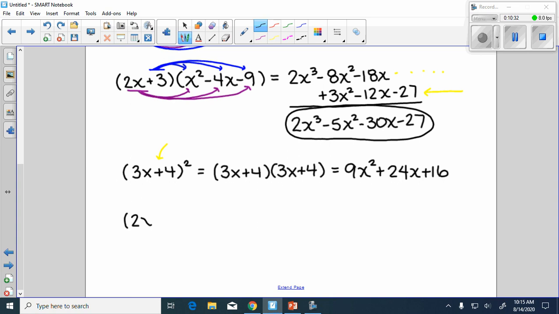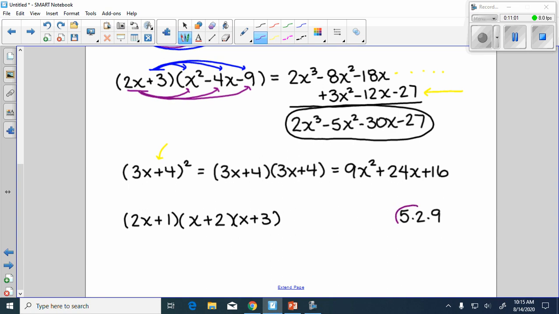The other thing to keep in mind is, maybe I have 2x plus 1 times x plus 2 times x plus 3. There is no magic formula or pattern that is user-friendly to do some sort of weird FOIL thing with this. If I asked you to multiply 5 times 2 times 9, there's no distributive property there.